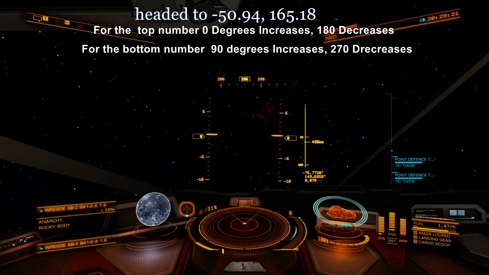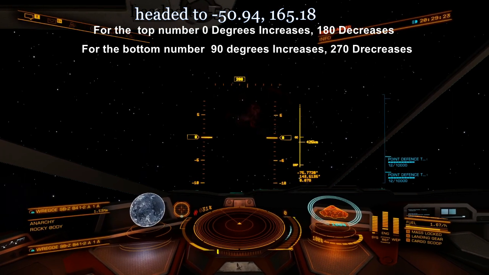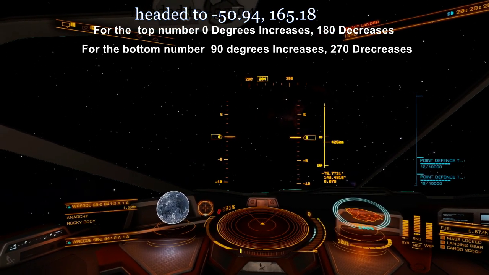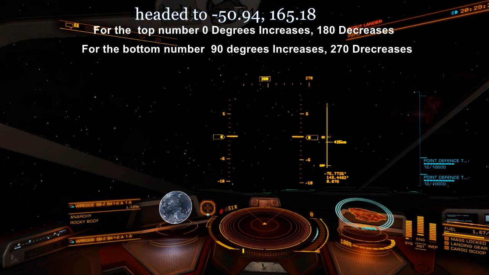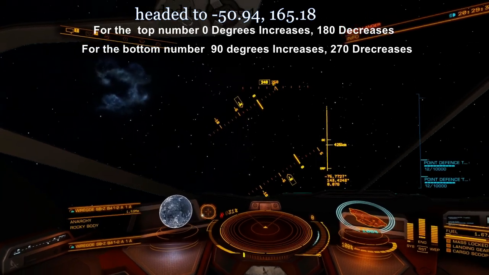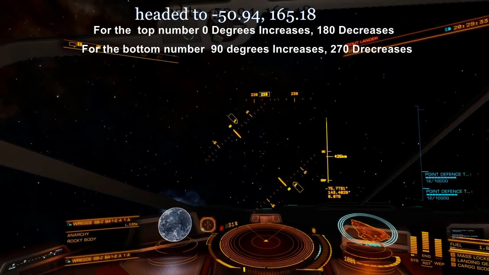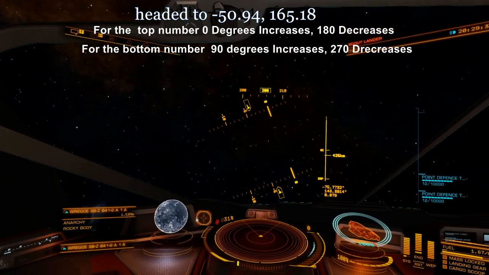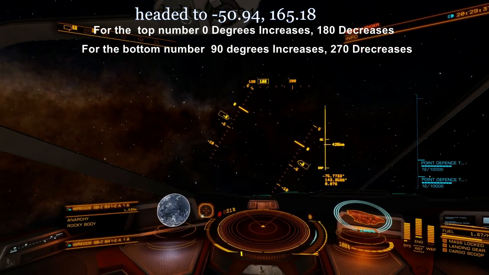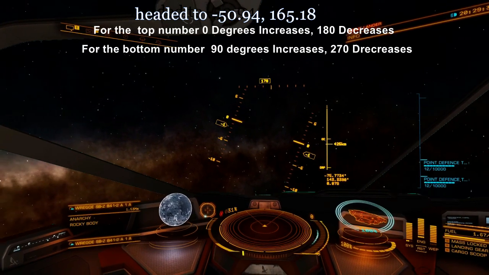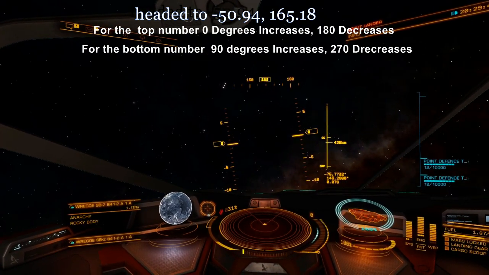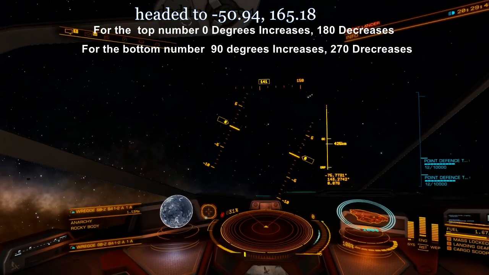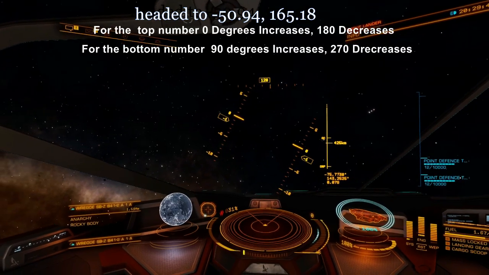Okay, so there's also one other little catch about the degrees when it comes to negatives. When you are dealing with negative numbers, it's going to be almost the opposite of what we just said about the increase and decrease.